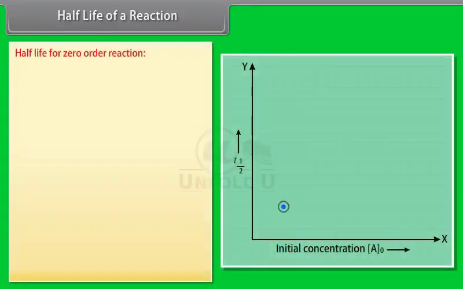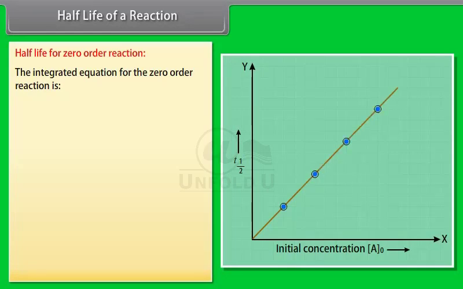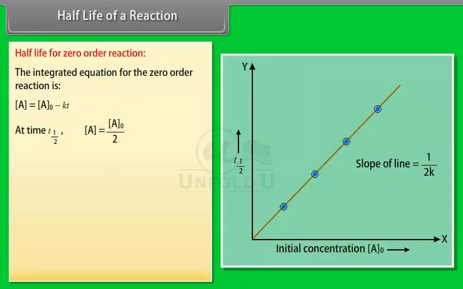Half-life for zero-order reaction. The integrated equation for the zero-order reaction is A is equal to A naught minus Kt. At time t-half, A is equal to A naught by 2, or A naught by 2 is equal to A naught minus Kt, or Kt half is equal to A naught by 2.